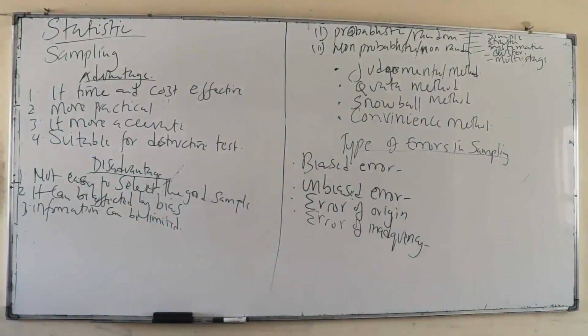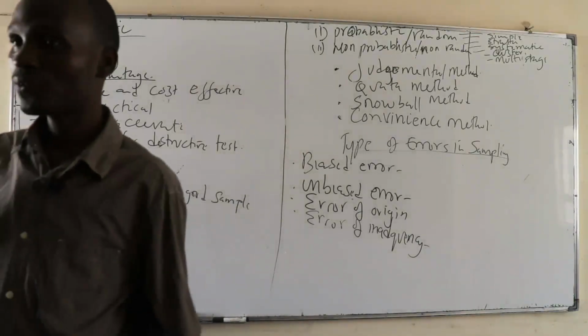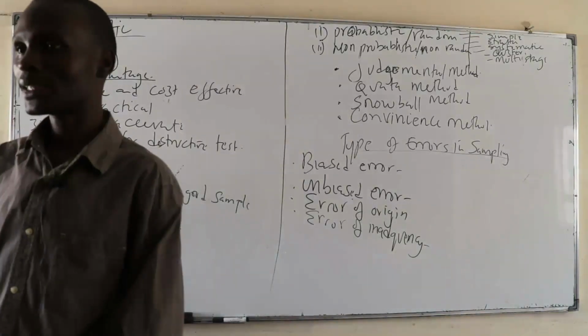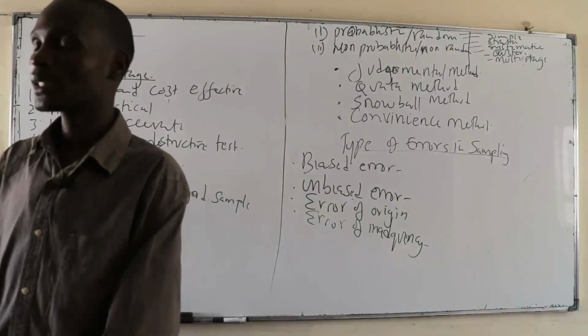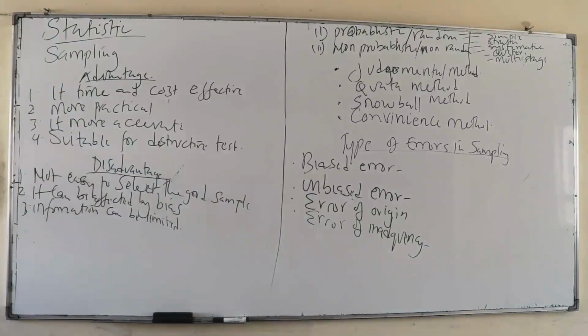Hiyo ndio first part ya statistic, method of collection of statistics. So our next class tutaangalia mambo ya presentation, method of presentation of statistics. Na hapo ndio mtihani inakuja na swali la 10 marks, 14 marks ama 12 marks.